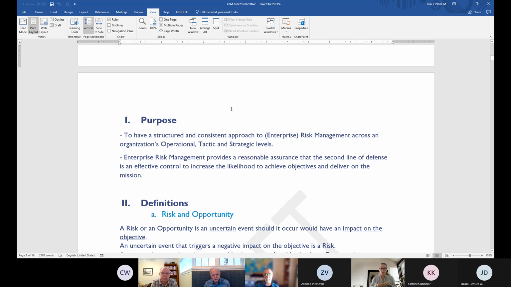The purpose is for enterprise risk management to provide a reasonable assurance that the second line of defense is an effective control to increase the likelihood to achieve objectives and deliver on the mission. Any comment, ideas? I take critics also.